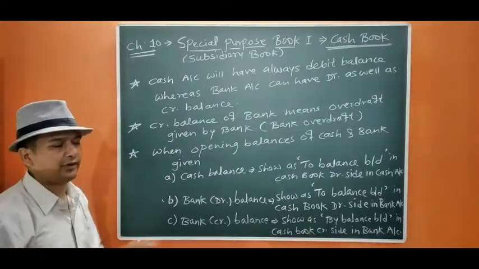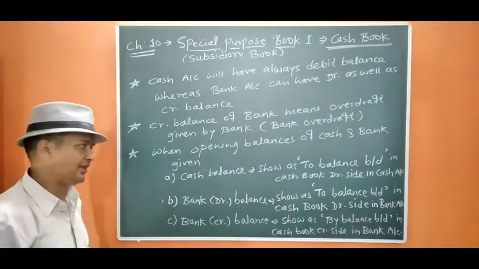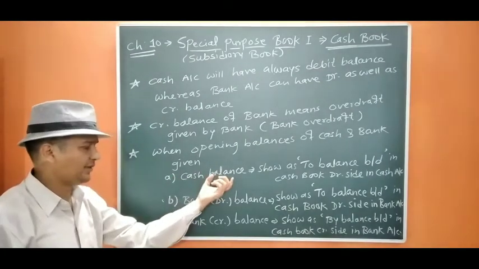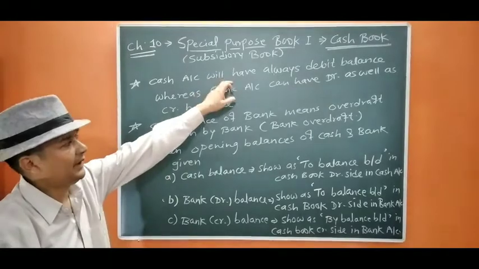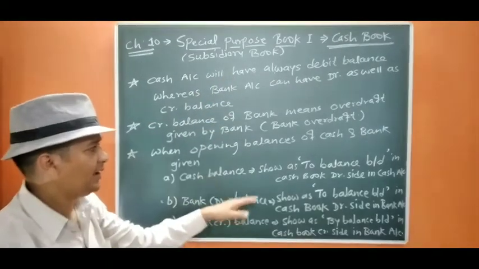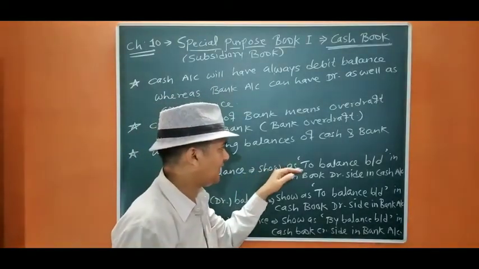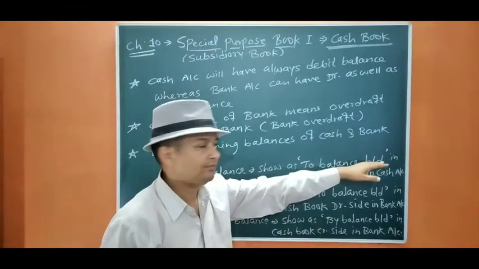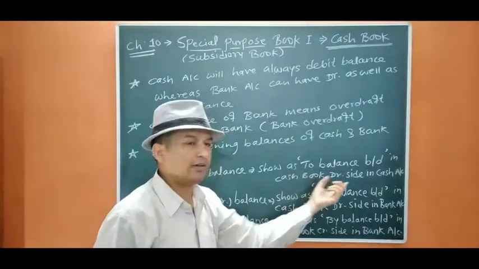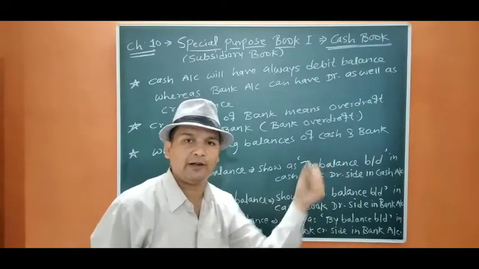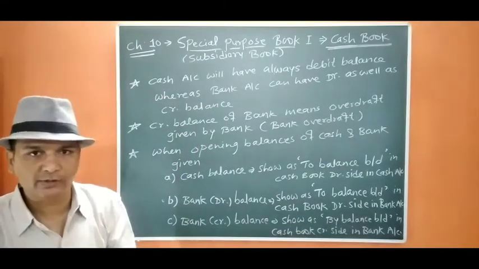When opening balances of cash and bank account are given, the cash balance will always be a debit balance. That's why it will be shown as 'to balance b/d' on the debit side in the cash account column of the cash book.